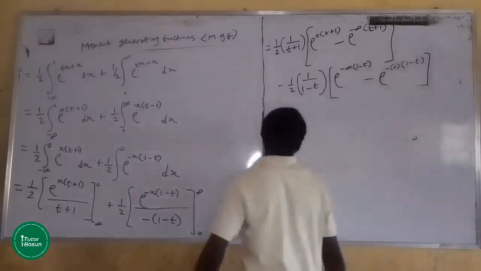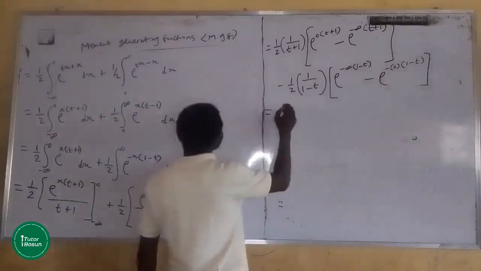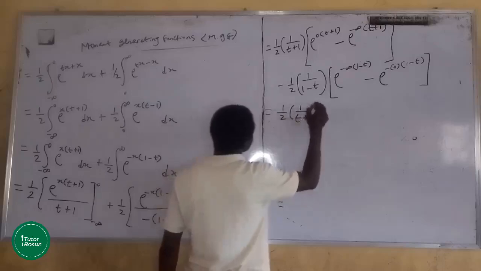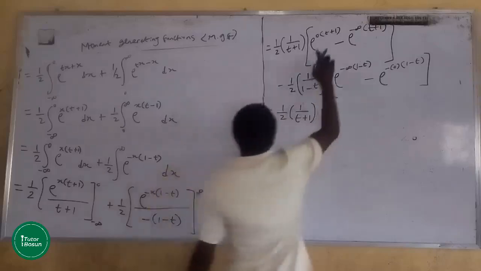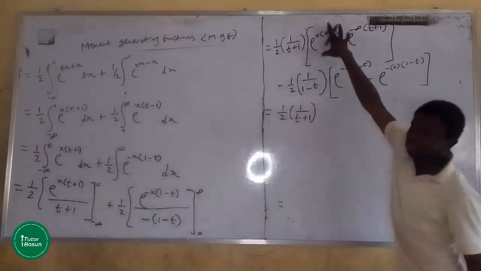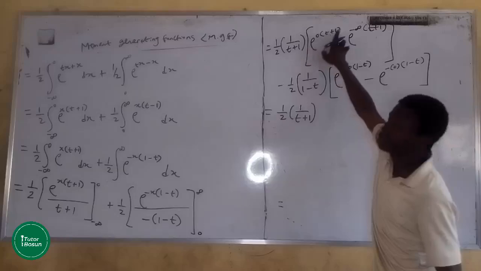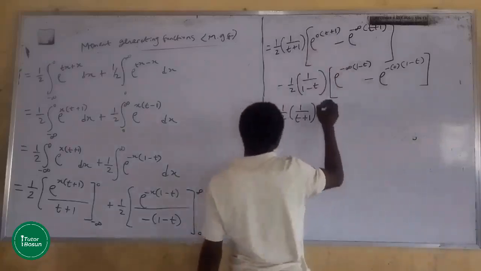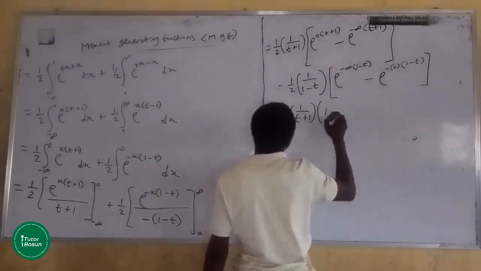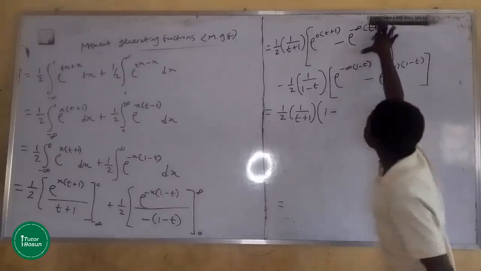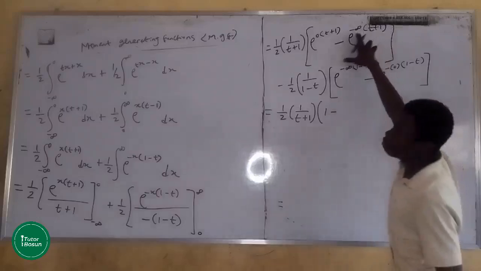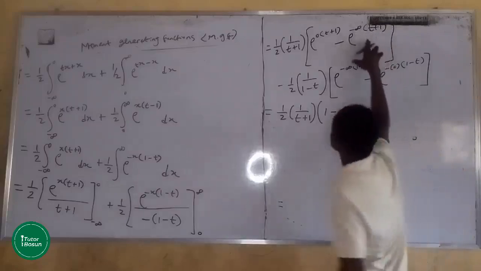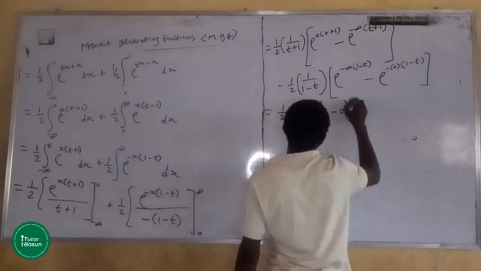By simplifying further, we have 1 over 2 into 1 over t plus 1. This automatically becomes 1 plus 0 times exponential 0, and exponential 0 will give us 1. So this becomes 1 minus, this automatically becomes 0, because exponential minus infinity becomes 0. So we have 1 minus 0.